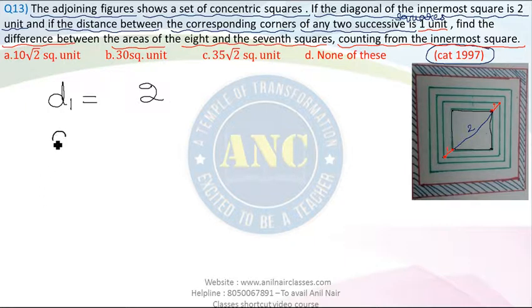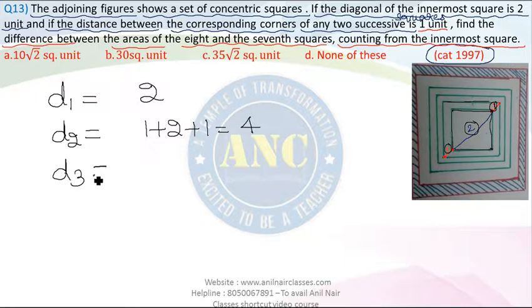Now, what is the diagonal of the second square? Diagonal of this second square is nothing but this 2 units plus 1 unit plus here also 1 unit. That means 1 plus 2 plus 1, which is 4 units.